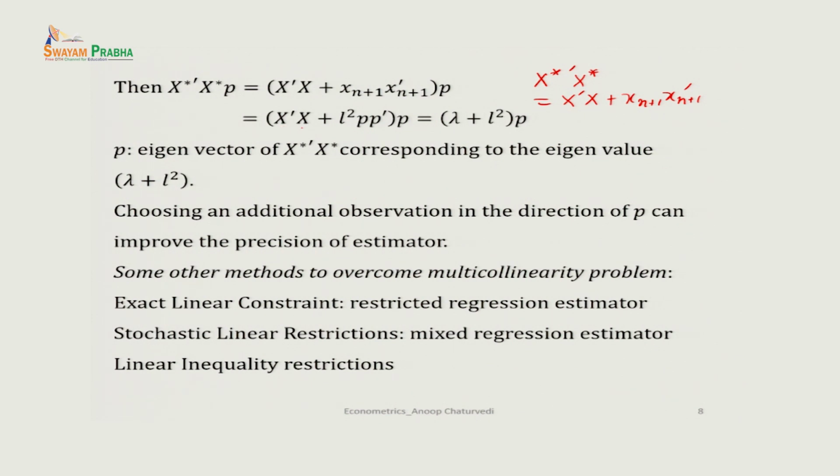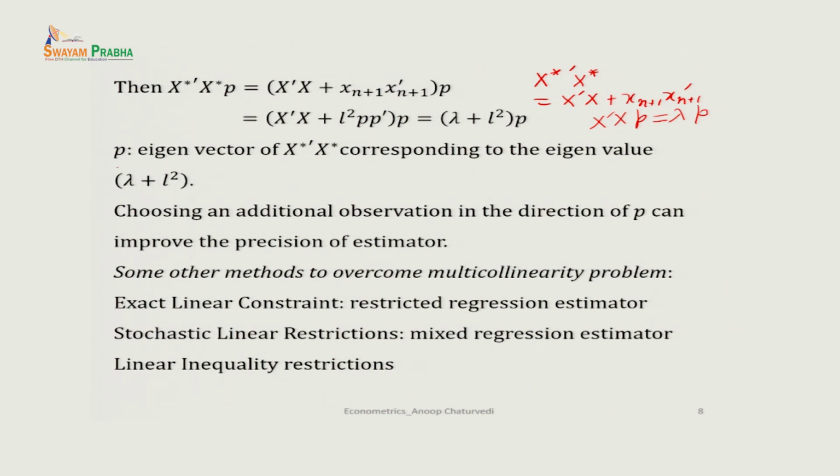Then x transpose x p is equal to lambda p, because lambda is the eigenvalue of x transpose x corresponding to the eigenvector p. Further, in the second term, p transpose p is equal to 1. So, you get L square here into p. So, we can write it as lambda plus L square into p.